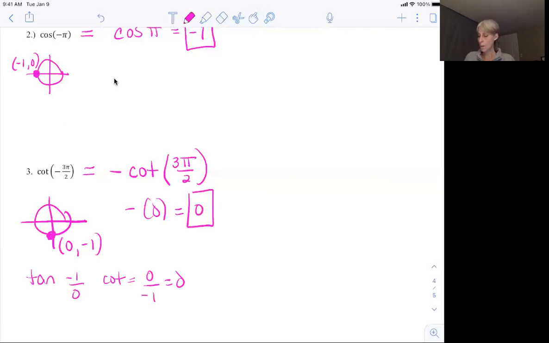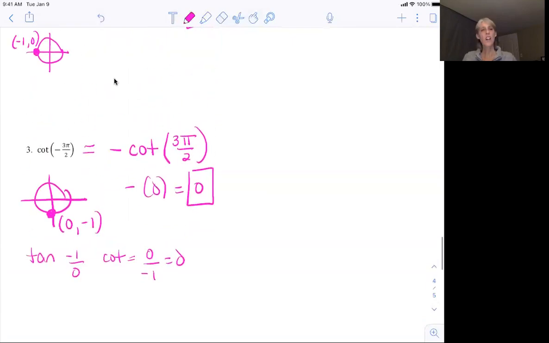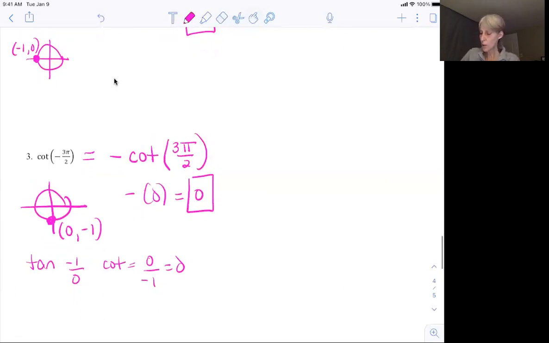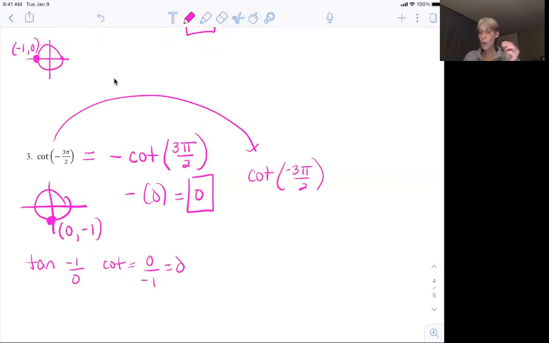Again, I'm giving you just an alternative way to analyze these negative angles. If you don't love them, don't use them. Because if you think about this, cotan of negative 3 pi over 2, if you really know what you're doing, is the same as the cotan of a 90-degree angle.